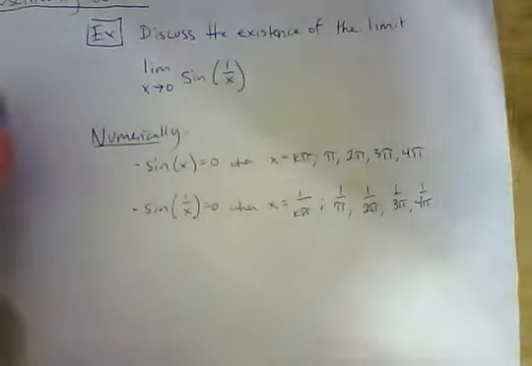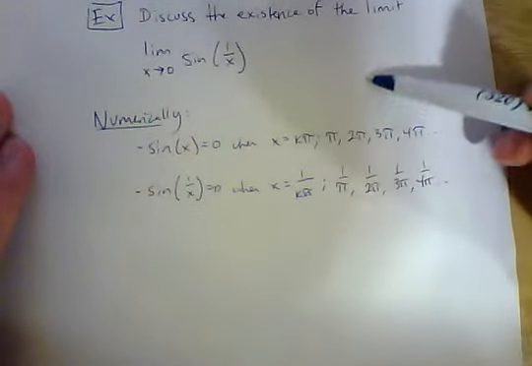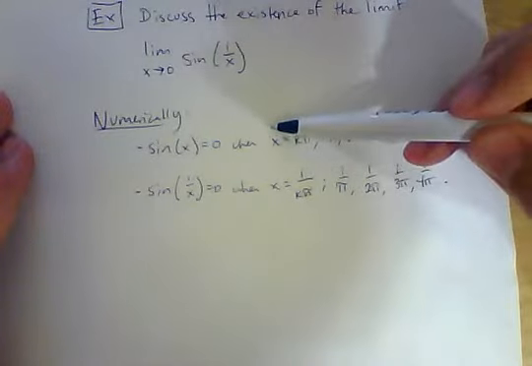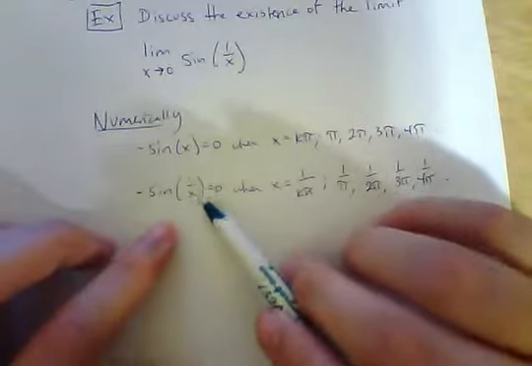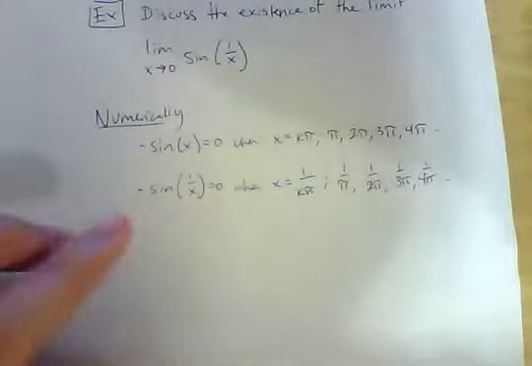And remember, the nature of sine is to go up and down, and it'll cross at 0, but it'll go up and down between positive and negative 1. And that's what sine of 1 over x does as well.